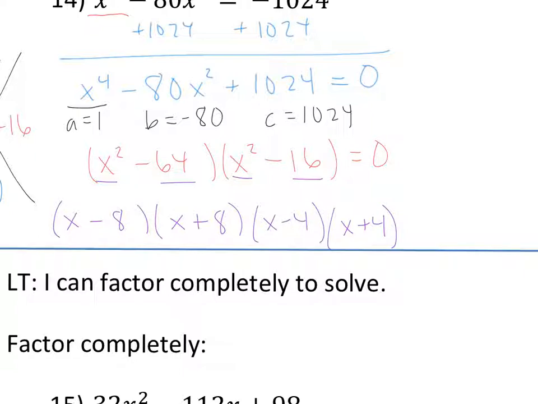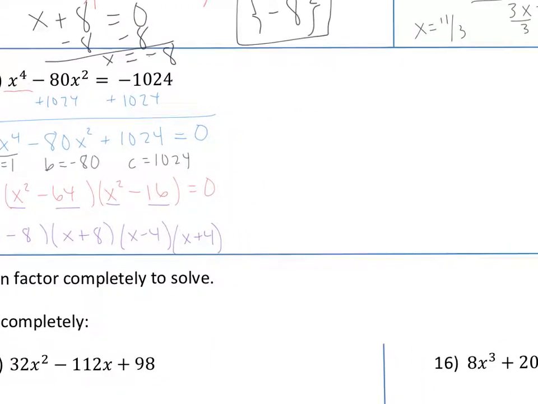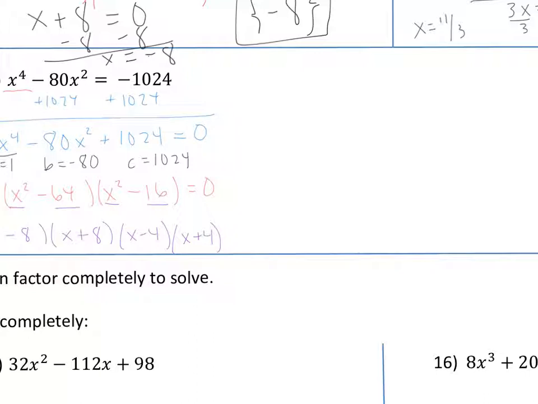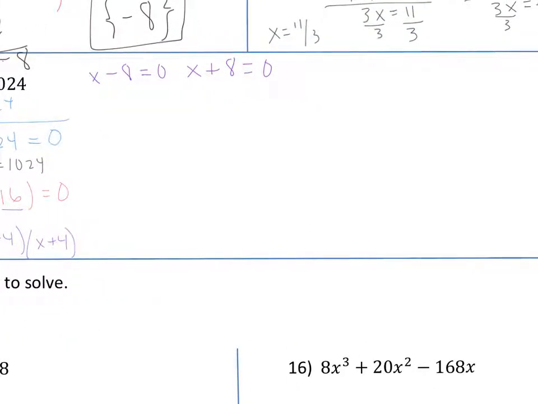So the 4 factors that I'm going to set equal to 0 and solve: I'm going to set x - 8 equal to 0 and solve, x + 8 equal to 0 and solve, x - 4 equal to 0 and solve, and x + 4 equal to 0 and solve.